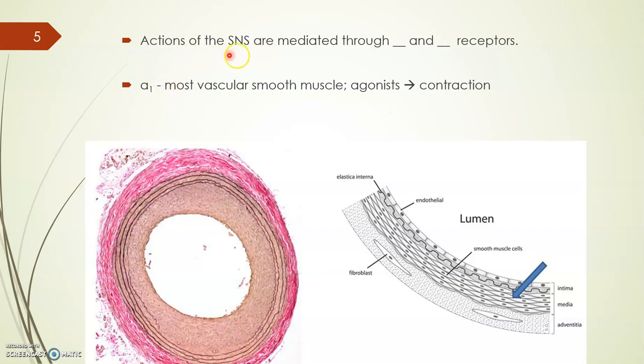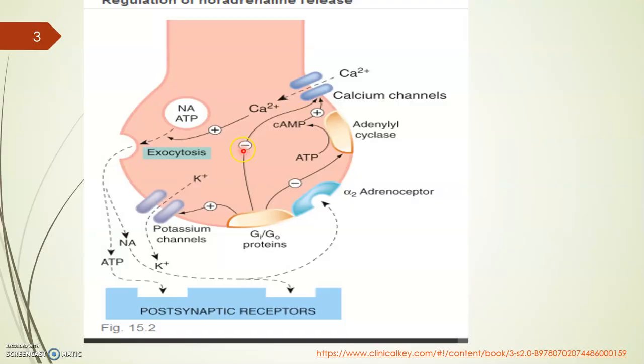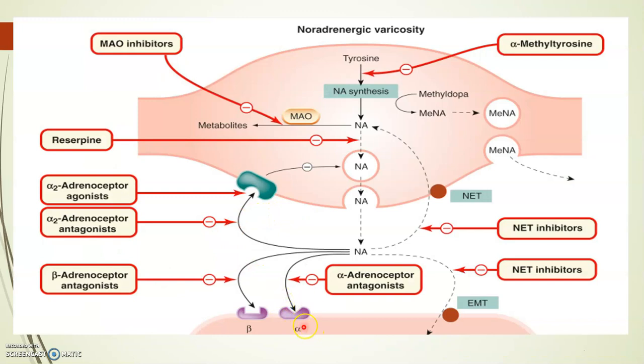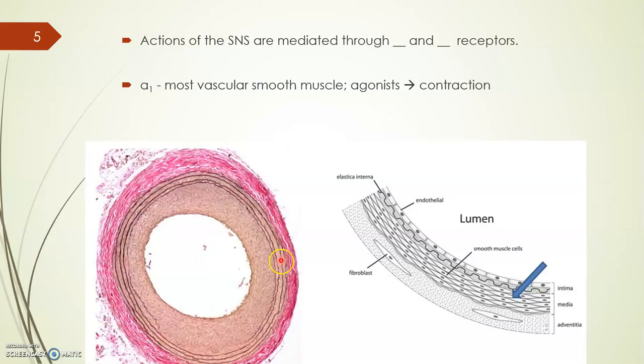So actions of the sympathetic nervous system are mediated through the alpha and beta receptors. Okay, so these are the main ones, alpha and beta. So alpha 1 you will find in most vascular smooth muscle, the smooth muscle of your vessels.